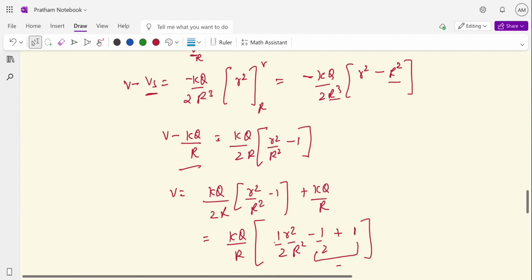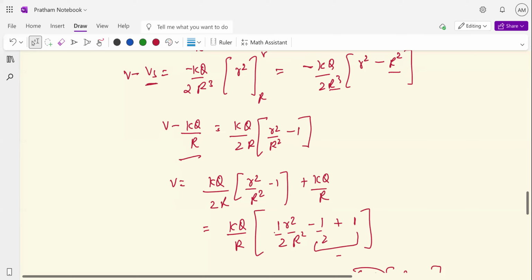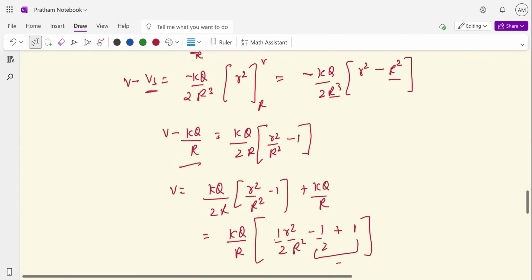So the negative sign in the second step, I think. From first step to second step, it should be minus kq by 2r. Here was minus one, right? Here minus three was there, na? Yes. I think this was the mistake we did.